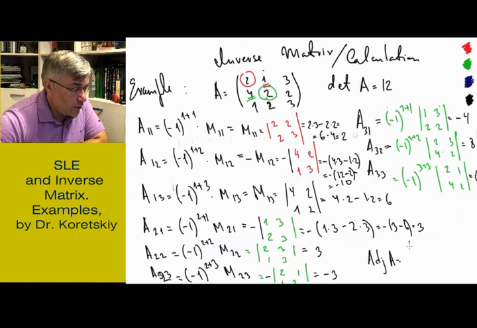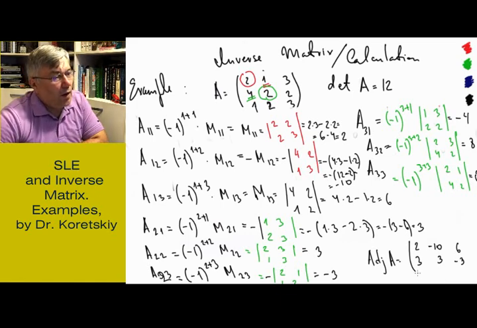Consequently, a11 it is 2, a12 minus 10, a13 6, a21 3, a22 3, a23 minus 3, a31 minus 4, a32 8, and the last one element is 0. But don't forget to transpose this matrix.